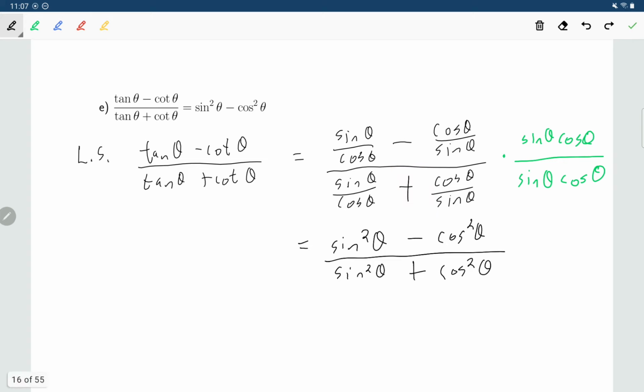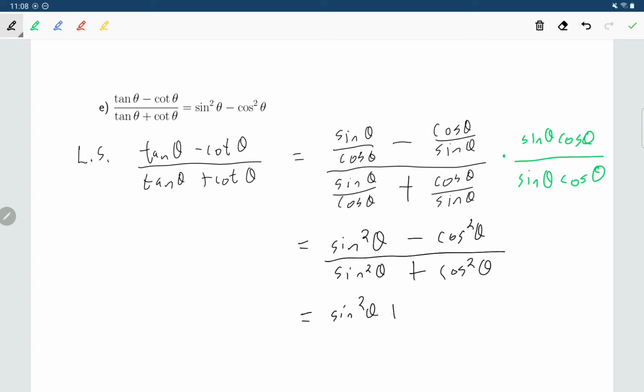Sorry about that. So my original expression that I had, tangent minus cotangent over tangent plus cotangent, I turned them into sines and cosines. I've simplified that complex fraction so that now I have sine squared minus cosine squared over sine squared plus cosine squared. And I know that sine squared plus cosine squared is equal to 1.